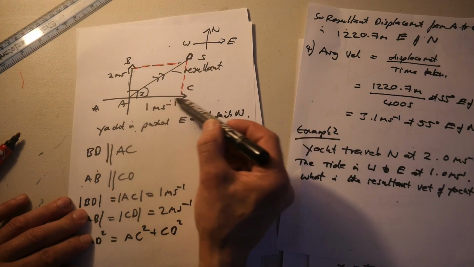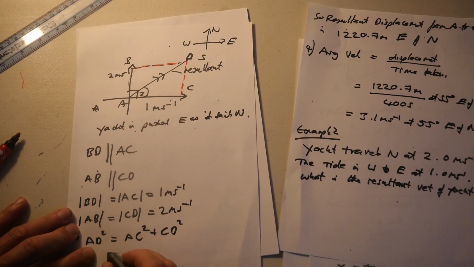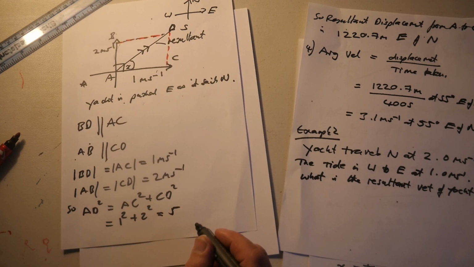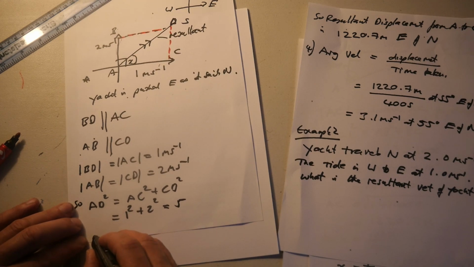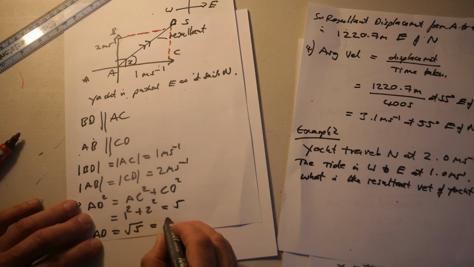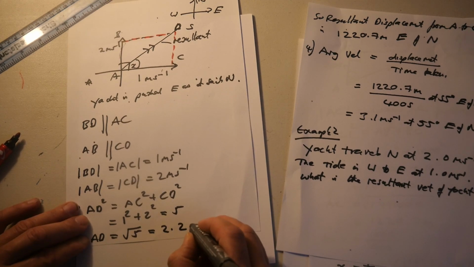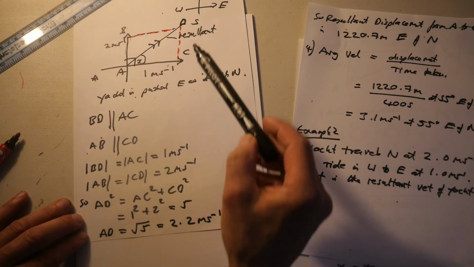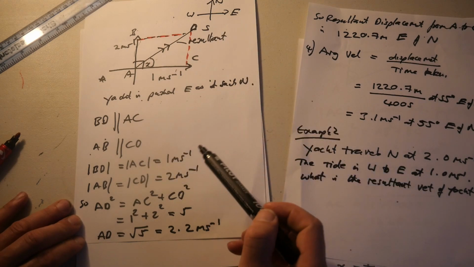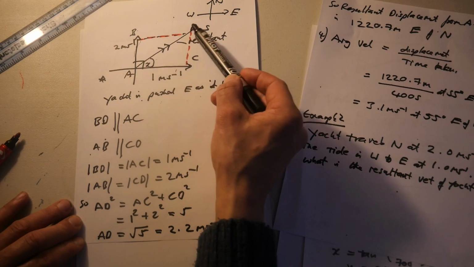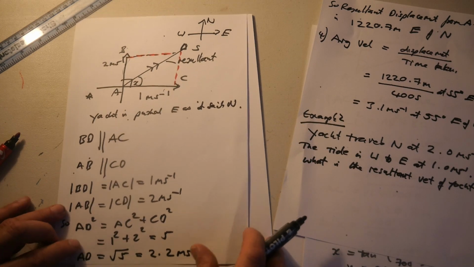So that length is equal to the square of that plus the square of that, which equals 1 squared plus 2 squared, which equals 5, okay? So AD equals the square root of 5, which equals 2.2 meters per second. Okay? So this length is by Pythagoras: the square of that plus the square of that equals the square of that. The square root of AD is 2.2 meters per second.